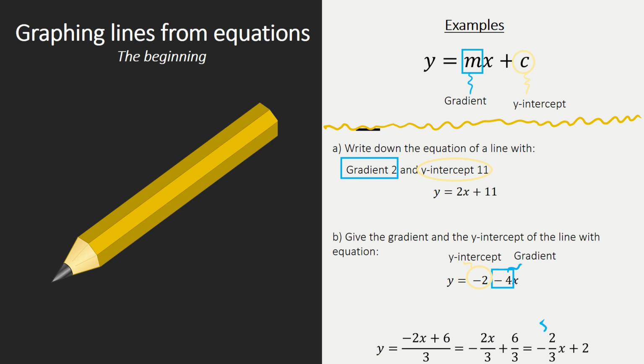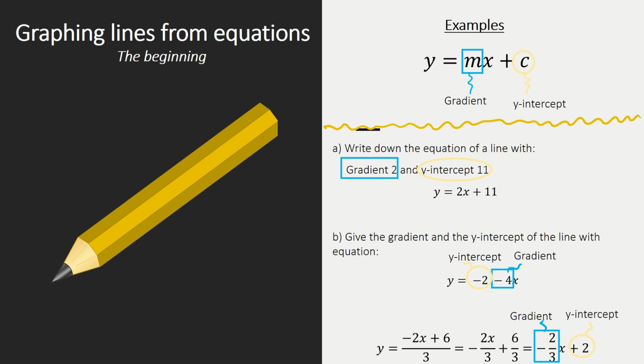We can already simplify this into minus 2 over 3 x plus 2, since 6 divided by 3 is equal to 2. Now it's easier to give the gradient and the y-intercept of this equation. Minus 2 over 3 is the gradient, while plus 2 is our y-intercept.